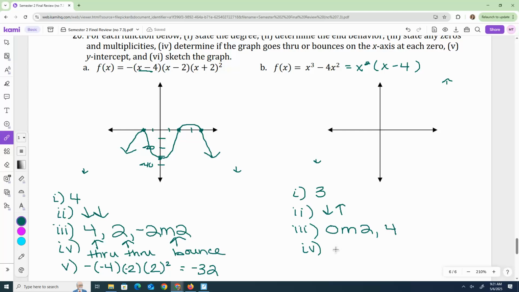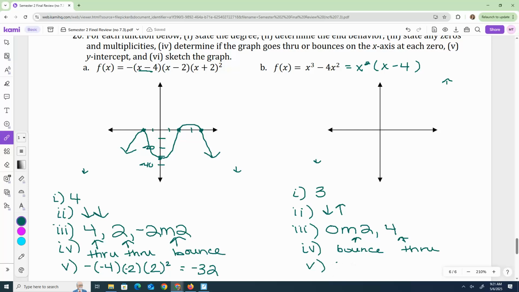Alright, then we look at if the graph goes through or bounces. So that's based off multiplicity. At 0, the multiplicity is 2. 2 is even, so it will bounce. At 4, the multiplicity is 1. 1 is odd, so it will go through the 4.